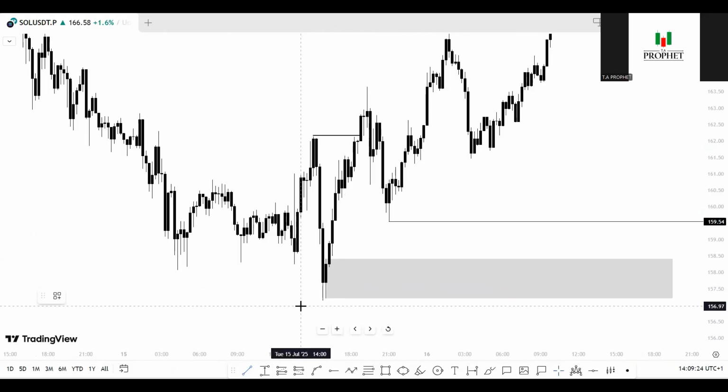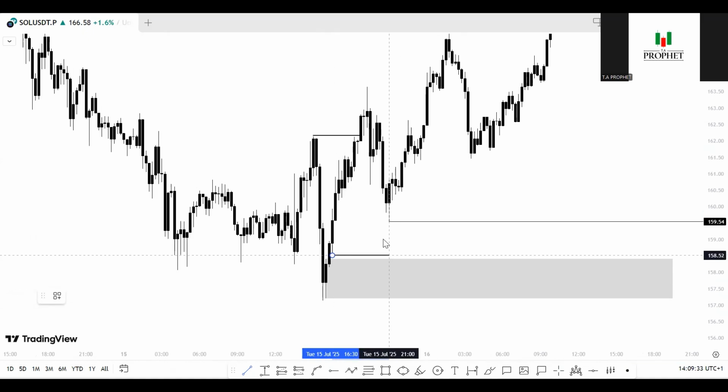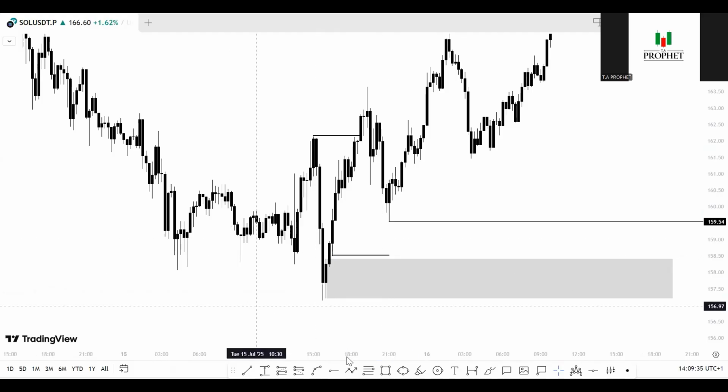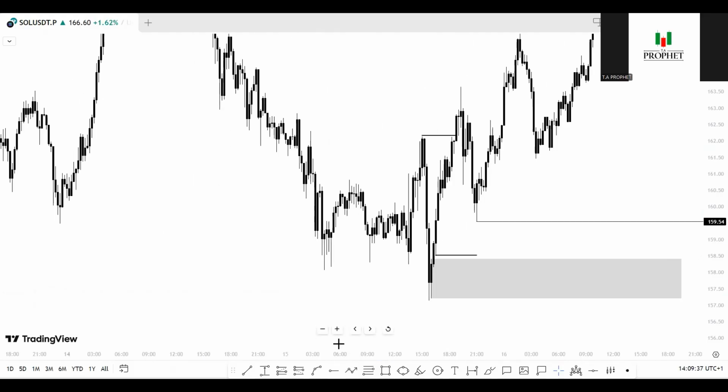But there was no previous candle sweep. And there's a proper imbalance. There's an imbalance here, the gap. Okay.